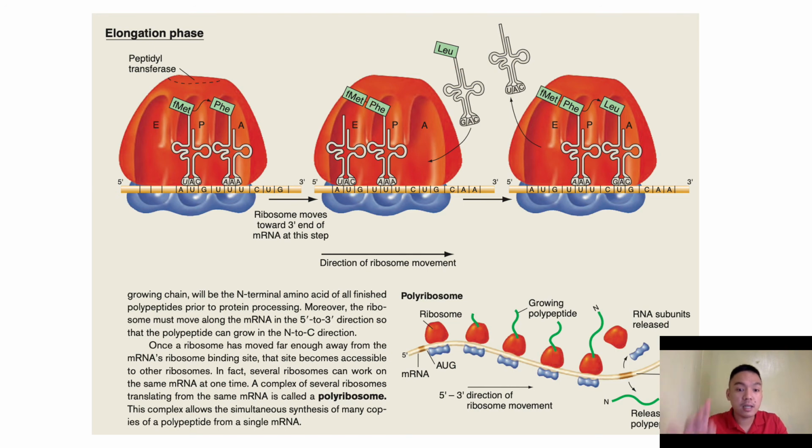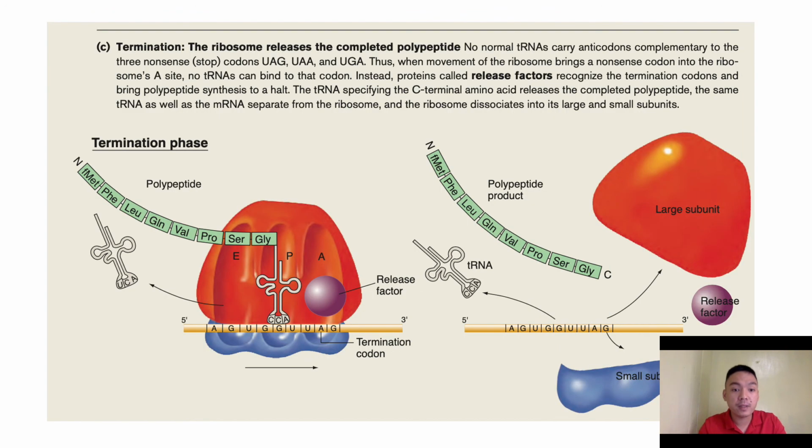It goes on and on, and once it reaches the final stage, the termination stage, the ribosome releases the complete polypeptide. No normal tRNAs carry anticodons complementary to the three nonsense stop codons: UAG, UAA, and UGA.